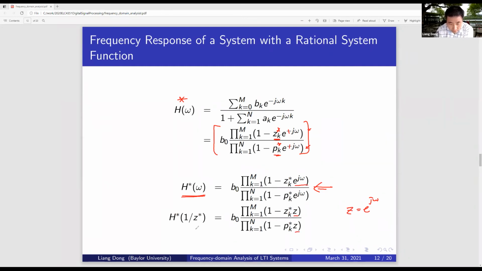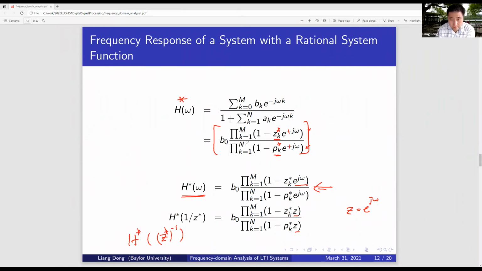Then for the original thing, I need to write out H(omega), then z to the power negative 1 conjugate. Let me just put in a negative conjugate. It's z to the power negative 1 and conjugate, like this. Conjugate to the power negative 1.